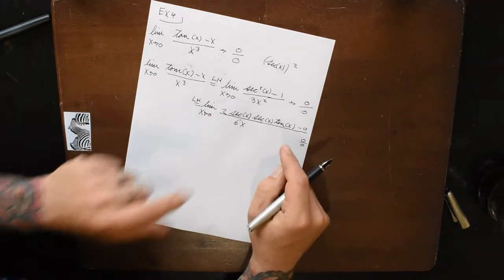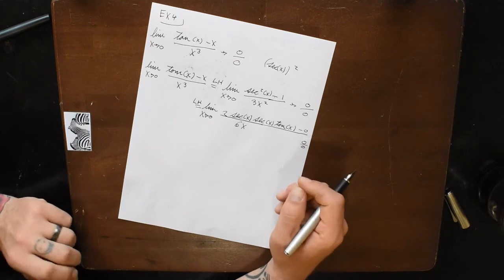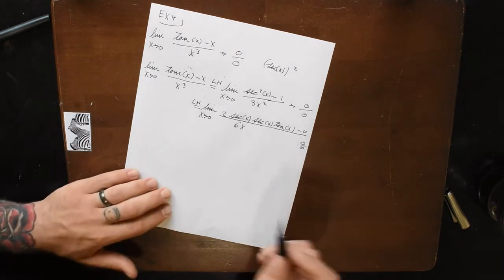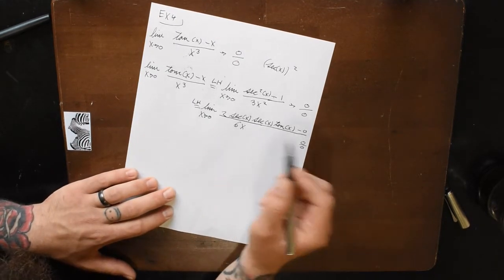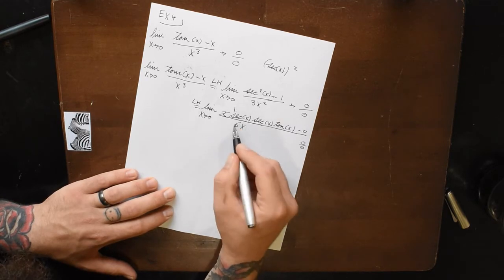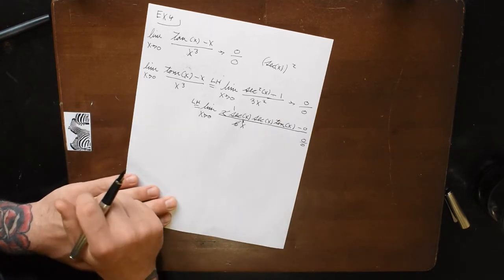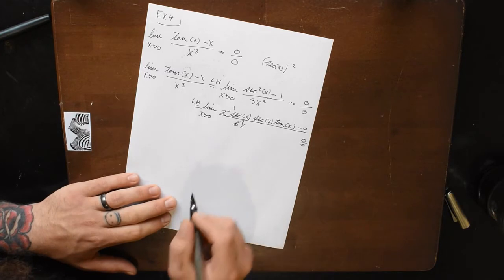I'm going to do a little bit of algebra right here to try and clean everything up. So, we're going to say that this 2 and that 6 are going to interact with each other, and I'm going to pull a 1/3 out.